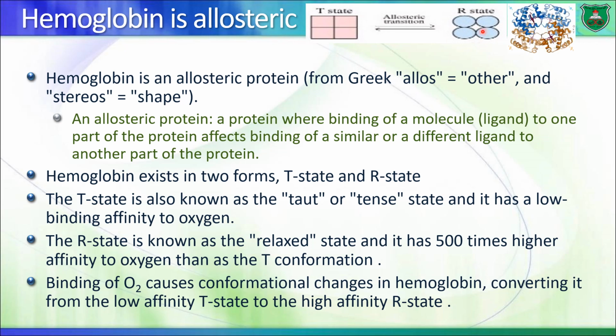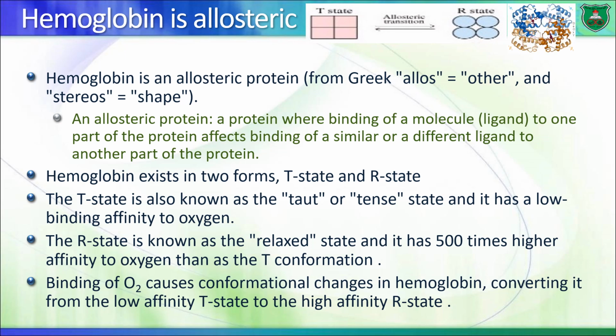Now the other state is known as the R state, and R stands for relaxed. So the molecule in the R state has very high affinity, about 500 times higher affinity to oxygen than if it is in the T state. So when the molecule is relaxed, it can bind to oxygen with high affinity, but if it is tight or in the T state, then it has low affinity for oxygen.